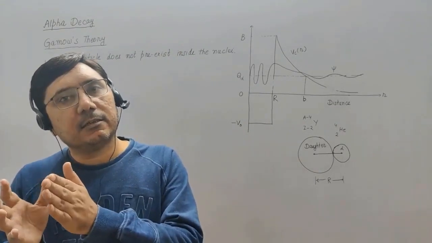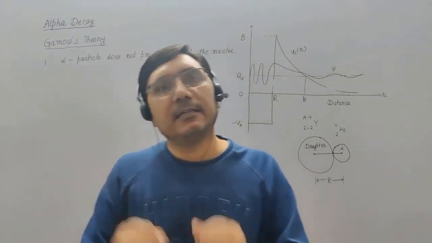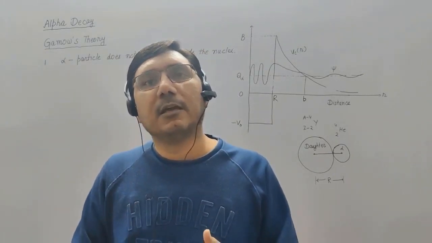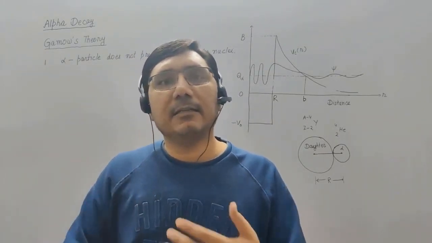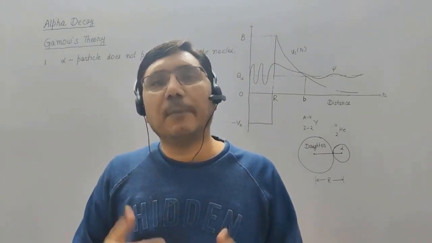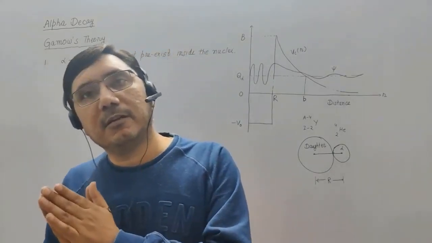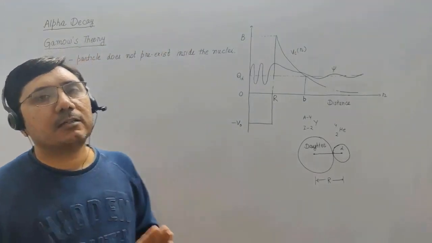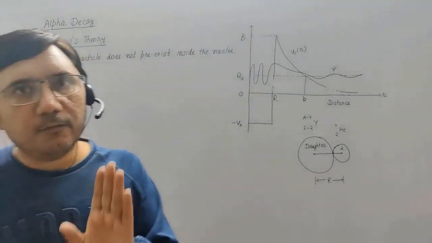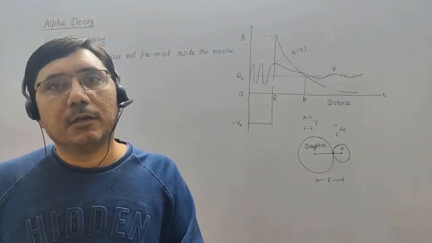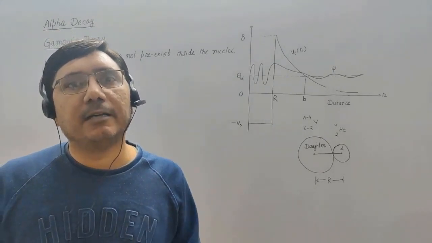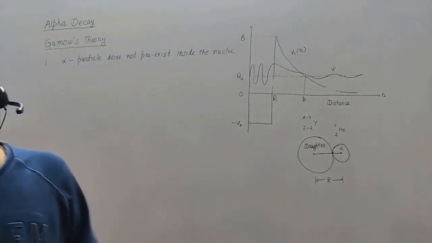If it doesn't succeed, again it will disintegrate. This process of formation and disintegration will continue until the alpha particle moves out of the nuclei. So this was the first and foremost assumption made by Gamow.